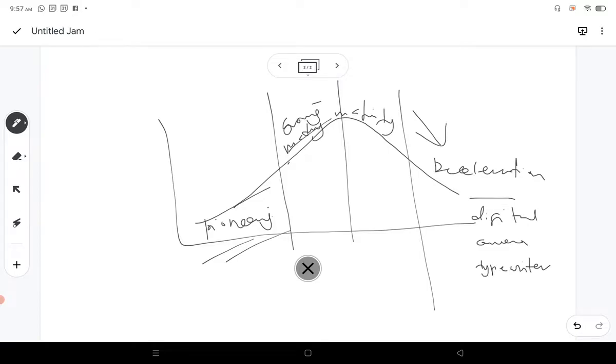We also have CDs and VCDs. Those are industries which have gone through the deceleration stage. So this is what we call industry analysis.